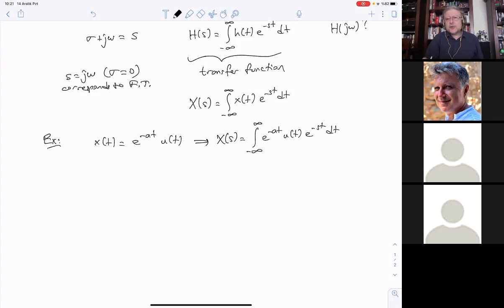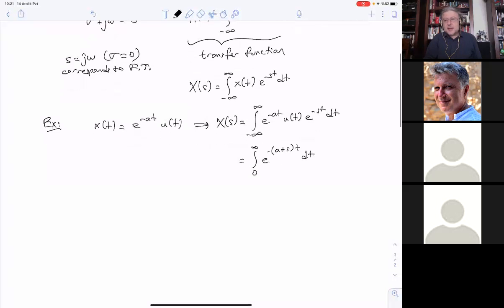Because of this u of t, we now have the integral starting from 0, because for negative time, u of t is 0, therefore the integral does not contain any value. So the integration goes from 0 to infinity. We have a combination of e to the minus at and e to the minus st, which can be written as e to the minus a plus s t dt.